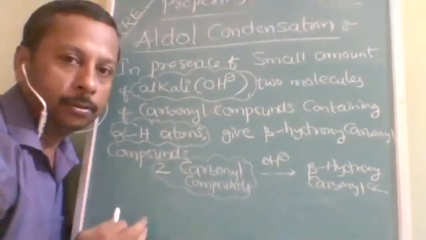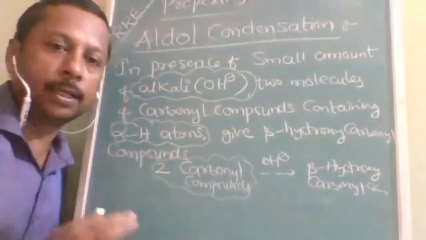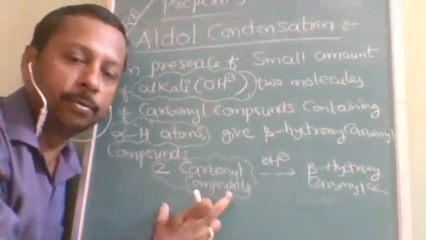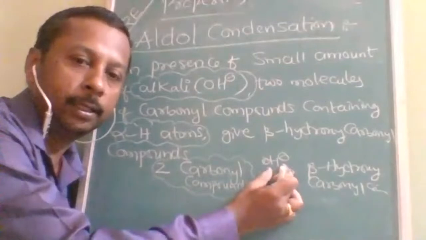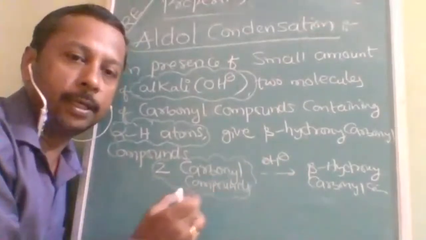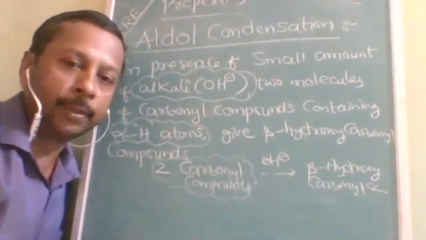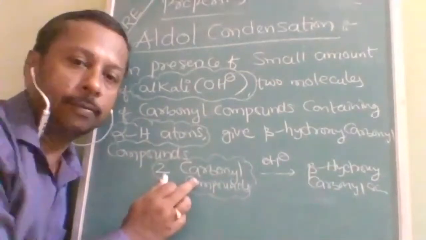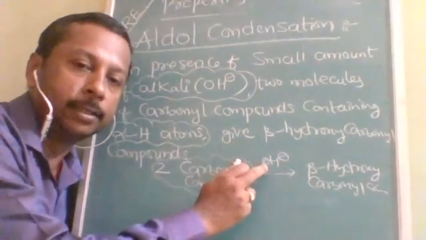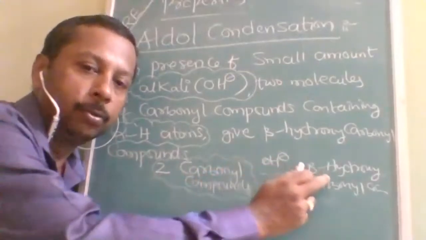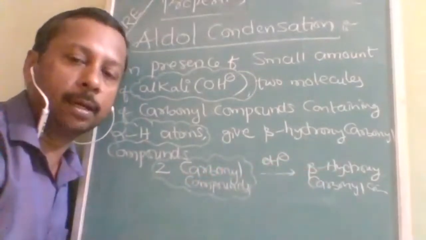So aldol condensation is combining 2 moles of carbonyl compound in presence of alkali, and the carbonyl compound must contain alpha hydrogens. So 2 moles of carbonyl compound with alpha hydrogen combine together in presence of dilute alkali to produce beta hydroxy carbonyl compound.